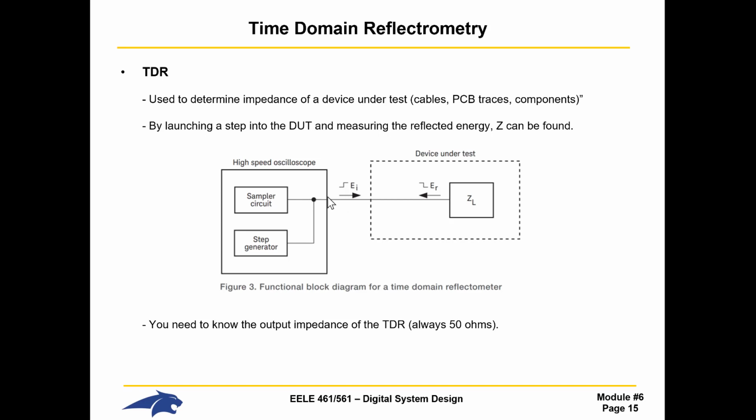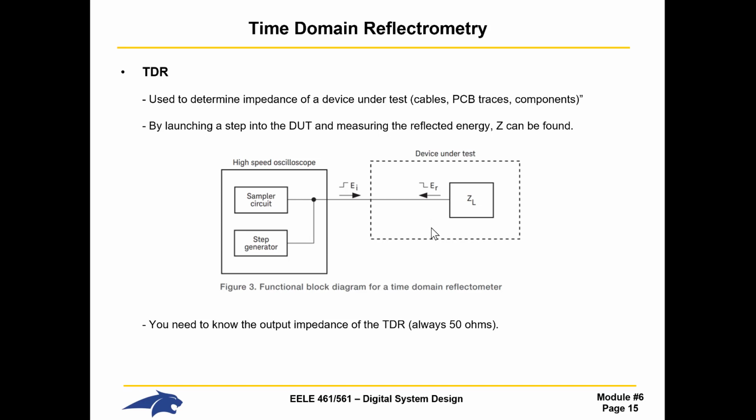Anything that's reflected is measured by the oscilloscope, and then you can calculate what is there. What's cool about it being a 50 ohm system is that you can connect 50 ohm cables to it. If you put a 50 ohm cable on this that was 3 feet long, you're not going to get any reflections out of it. It's only when you attach what we call the device under test that you can start seeing reflections.